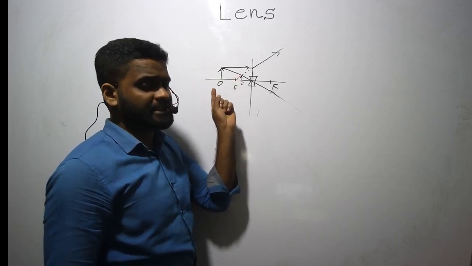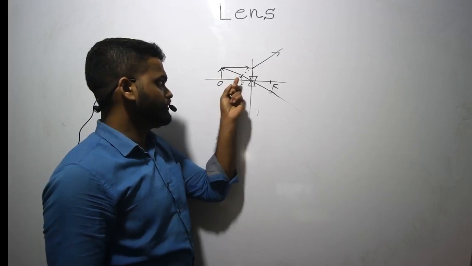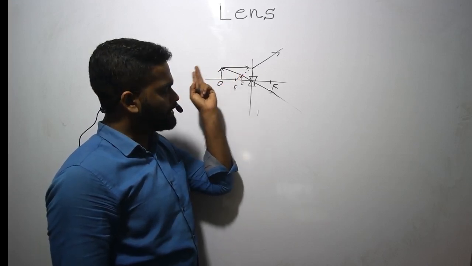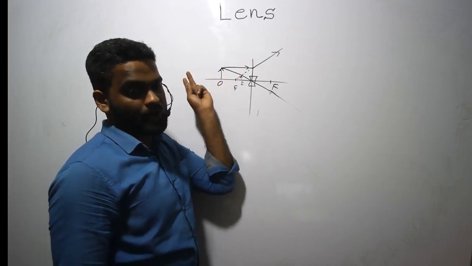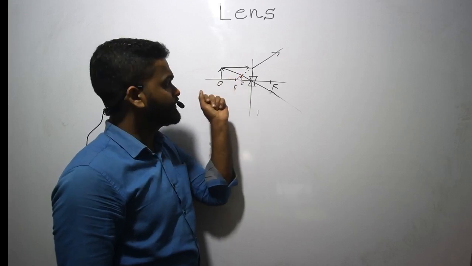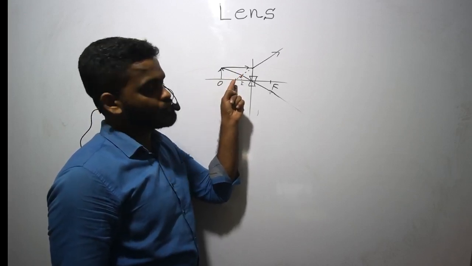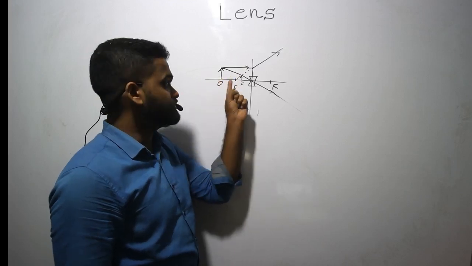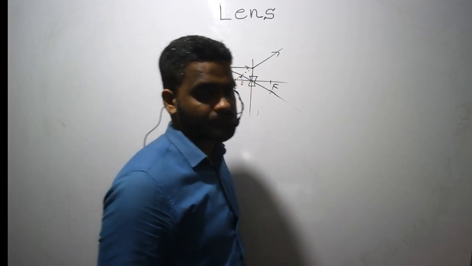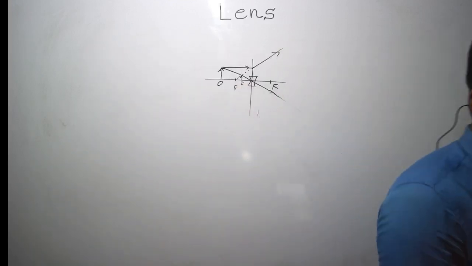So when it comes to concave lenses, when you place the object anywhere in front of the lens, always it creates a smaller virtual image between F and the optical center. Take down the ray diagram.